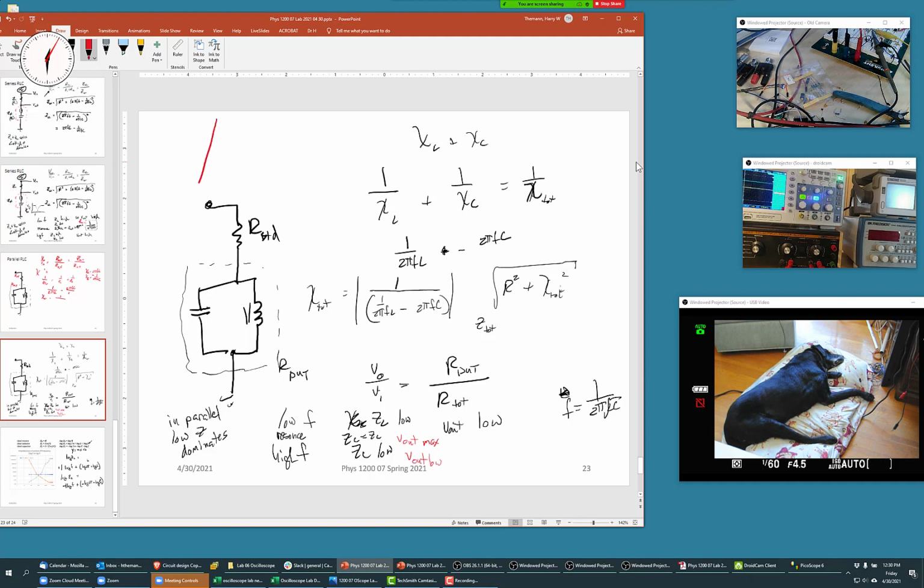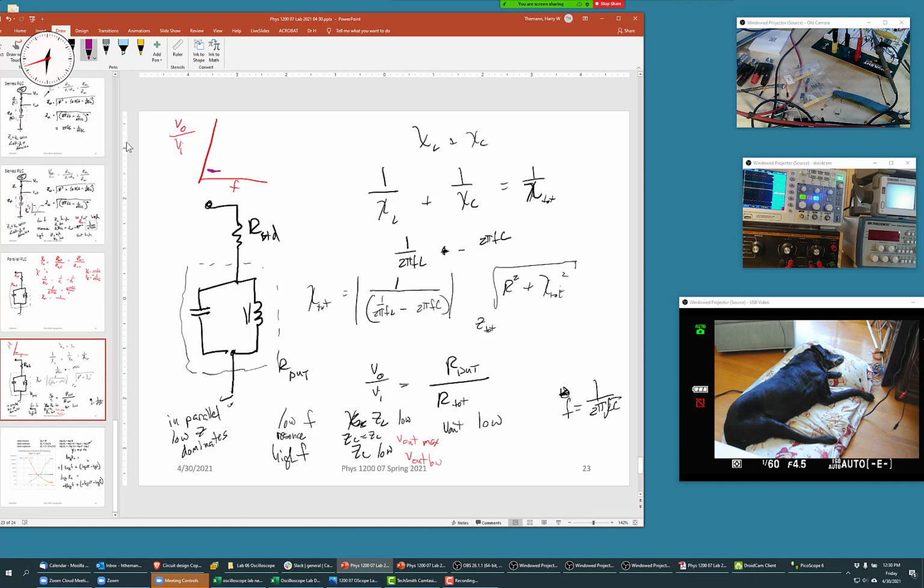So if we do another look at frequency and the V out over V in, at low frequency, the inductor has a low chi. So V out over V in is going to be low.